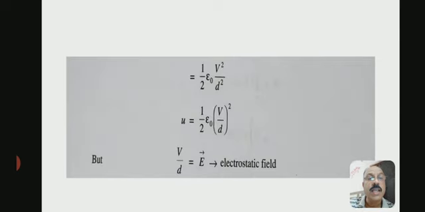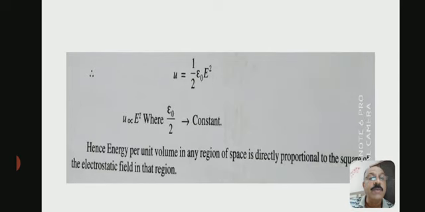Which terms cancel here? A cancels, remaining 1 by 2 epsilon naught V square by d square, that is 1 by 2 epsilon naught times V divided by d, whole square. But we know that V divided by d is equal to E, the electrostatic field. So finally u is equal to 1 by 2 epsilon naught E square.